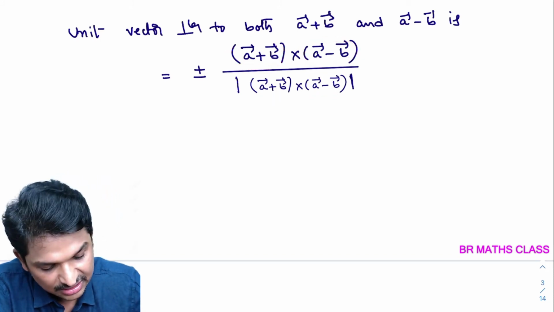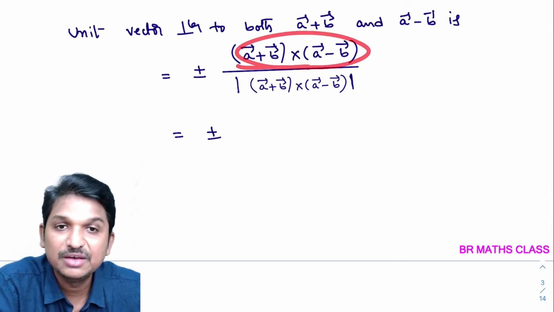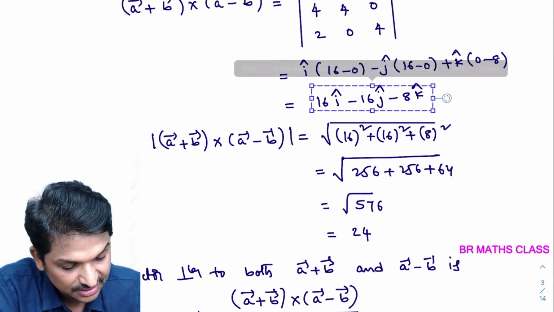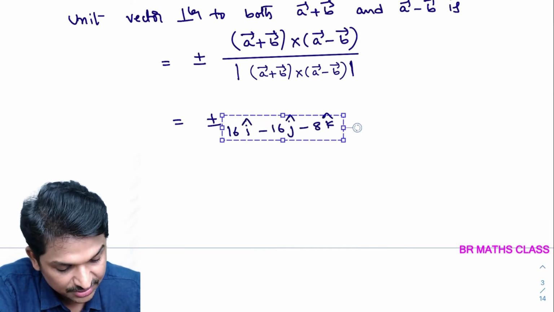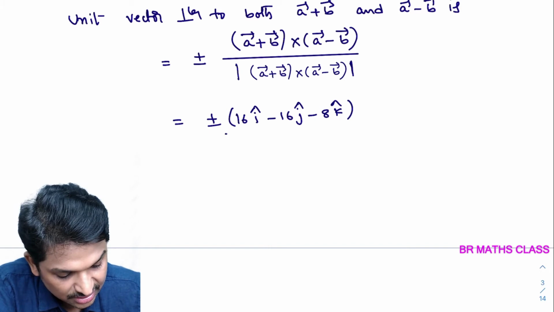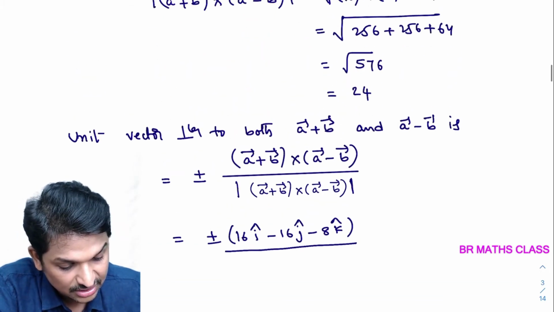Okay, that equals plus or minus, what is a bar plus b bar cross a bar minus b bar? What we got is 16 i cap minus 16 j cap minus 8 k cap. This is that vector, and what is its magnitude? Divided by its magnitude, we got it as 24.